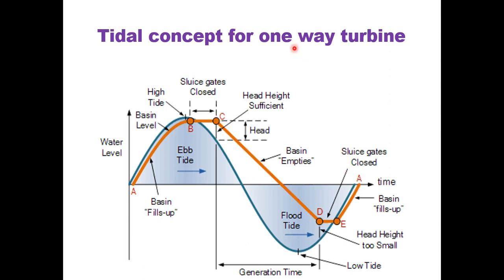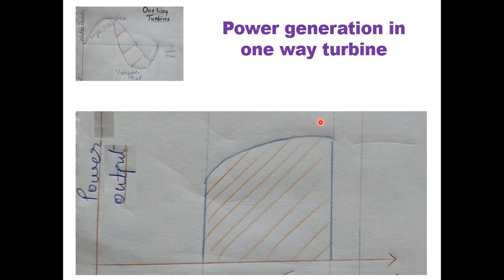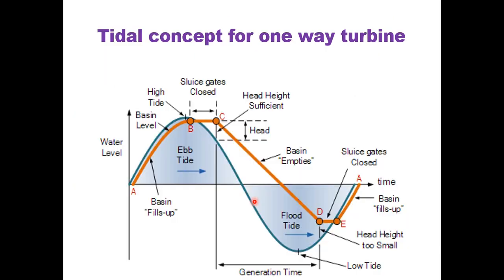If you consider this in the form of power output, the power output will range from this head difference down to the lowest head difference. Up to this point we are getting power generation through the one-way turbine. The magnitude of this power output depends on the rating of the generator. So what we have seen in this slide is the water level.